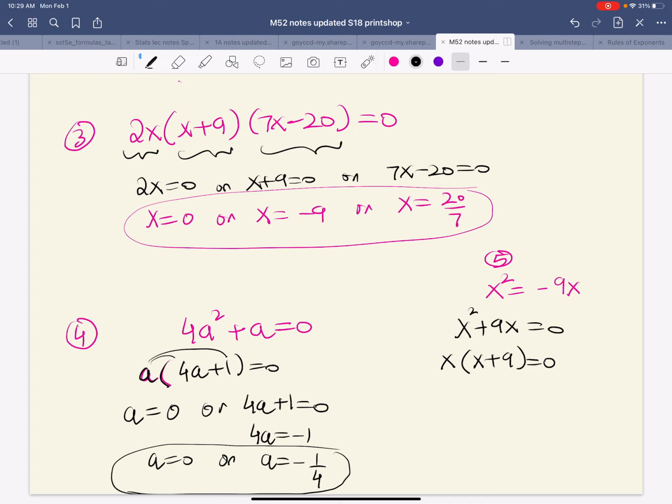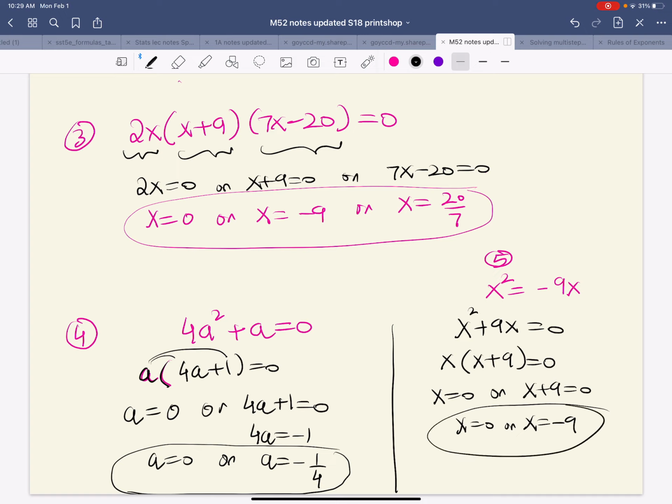Now the right-hand side is 0, so we can use the zero product property, which says either x is 0 or x plus 9 is 0. That gives me either x is 0 or x is -9. There's my 2 possible answers. Both of these answers will make the left-hand side of the equation equal to the right-hand side of the equation.